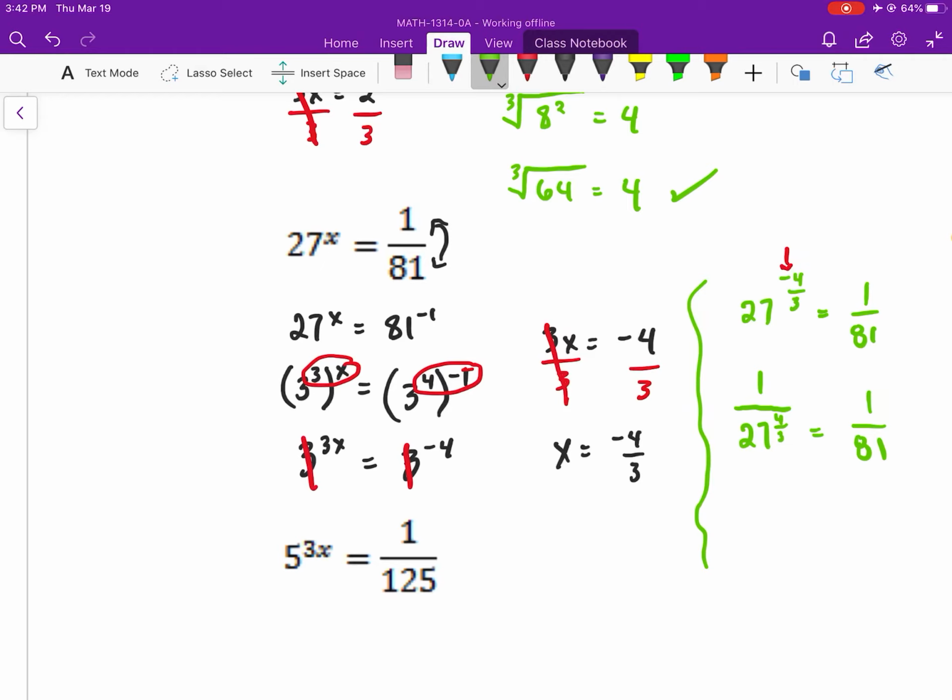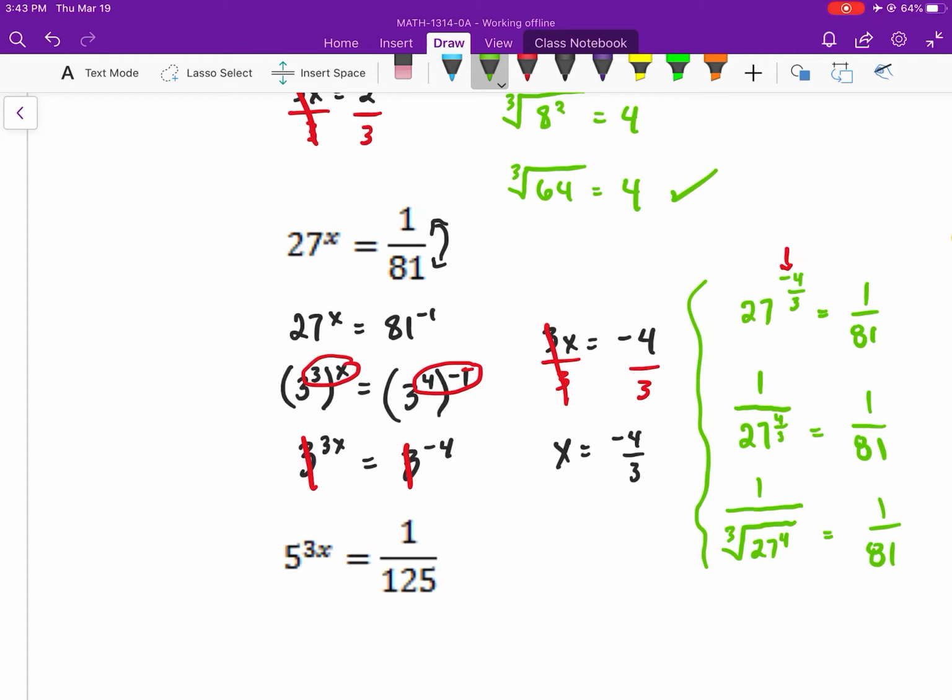Now this might make a little bit more sense because we do 1 over the cube root of 27 to the 4th power equals 1 over 81. At this point I'd go ahead and just punch this in your calculator to make sure that it works. I'm going to pick up my calculator here real quick just to double check it.